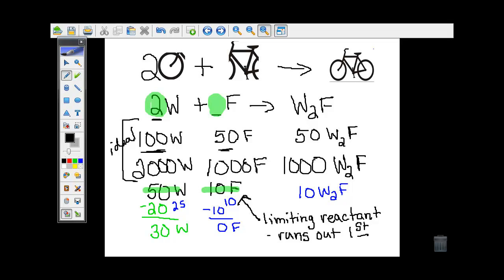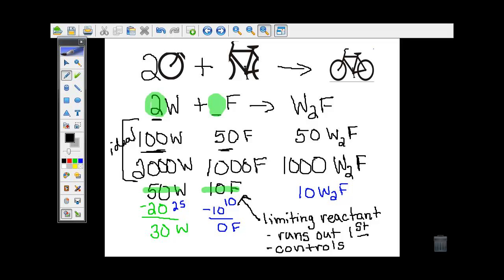Why is it called the limiting reactant? It controls the reaction. Did you notice that once we ran out of frames, we could make no more bicycles? So once you run out of limiting reactant, the reaction stops. That's an important idea, so write that down, even though I didn't write it. Once you run out of limiting reactant, the reaction stops.